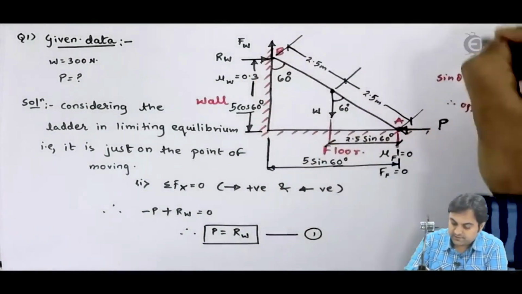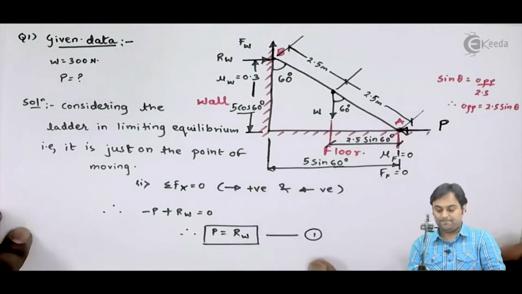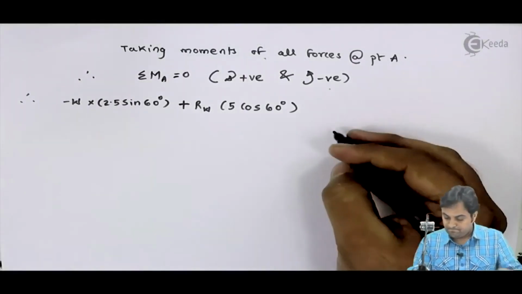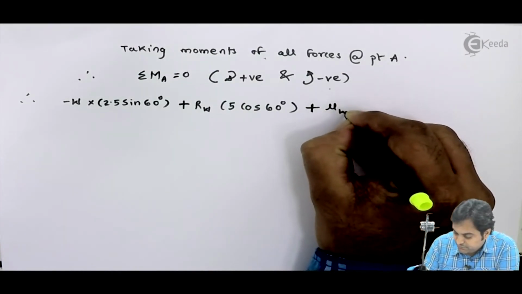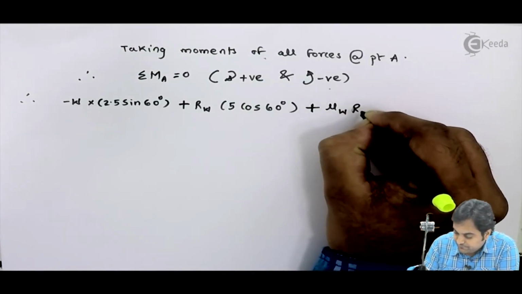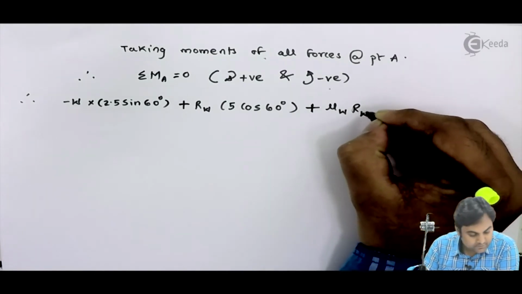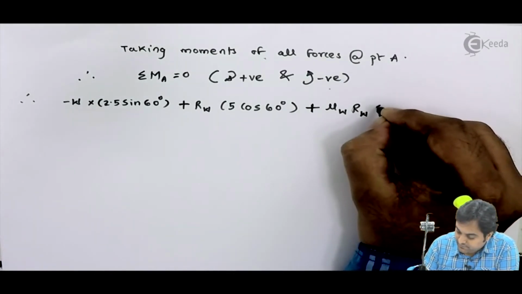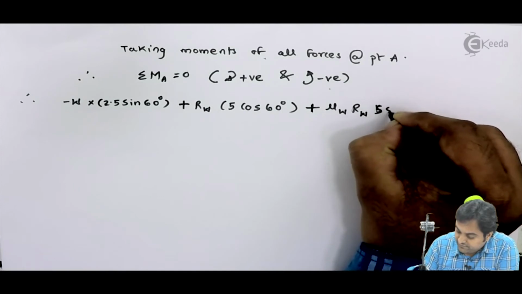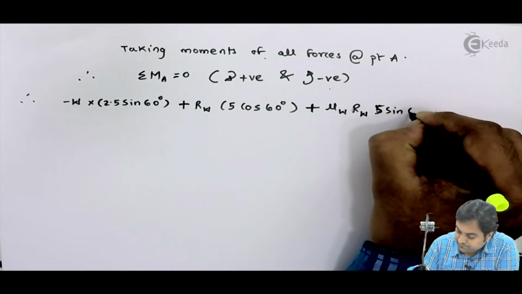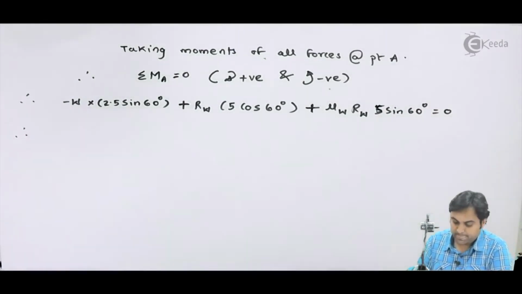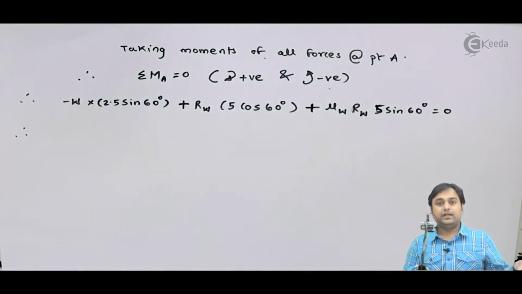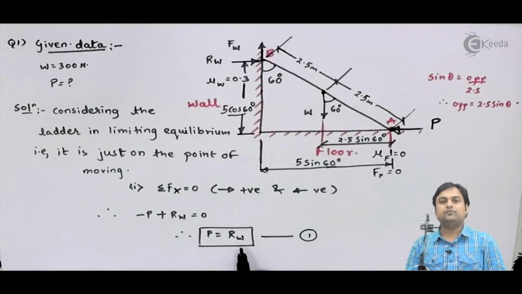So it is FW into 5 sine 60, and FW can be written as mu W into RW sine, it is 5 sine 60, that's equal to 0. Therefore, I just need to calculate the value of reaction offered by the wall.